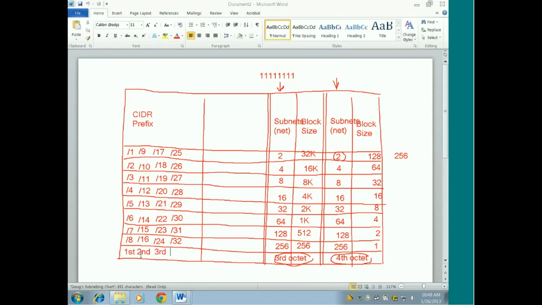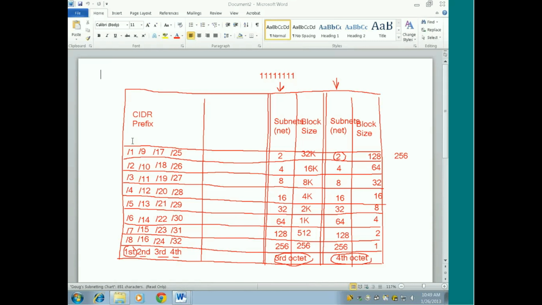Oh my gosh, what am I doing now? Why did I put first, second, third, and fourth here underneath these columns of prefixes? What is the /1?